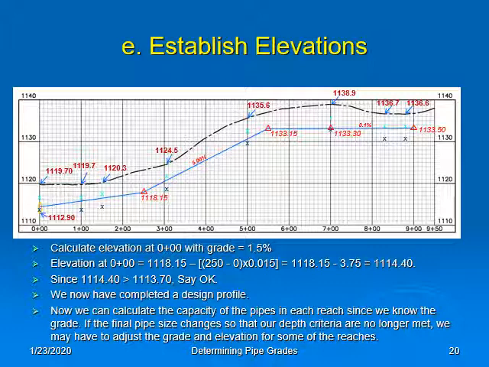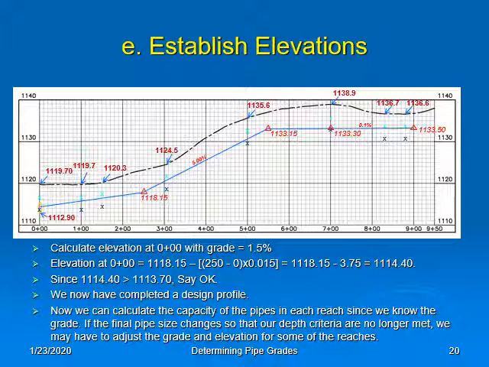Okay, this exceeds our 1113.70 maximum depth criterion, and it also is above our flow line criteria for the drainage district main. So we can say that's okay.